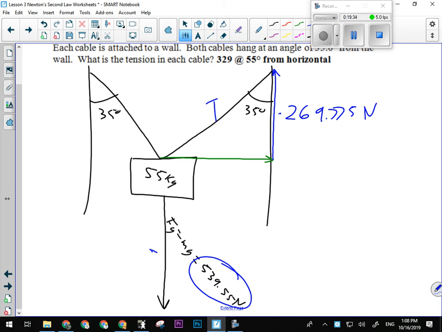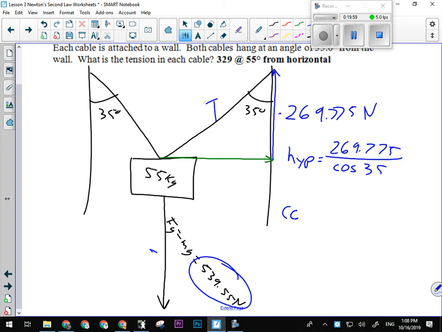Now that I have that side and this angle, can I find the tension in the cable? Yep. What side of the triangle am I looking for? The hypotenuse. I have the adjacent side. I'm looking for the hypotenuse. So to calculate the hypotenuse, I'm going to take 269.775, the adjacent side, and divide it by the cos of 35.